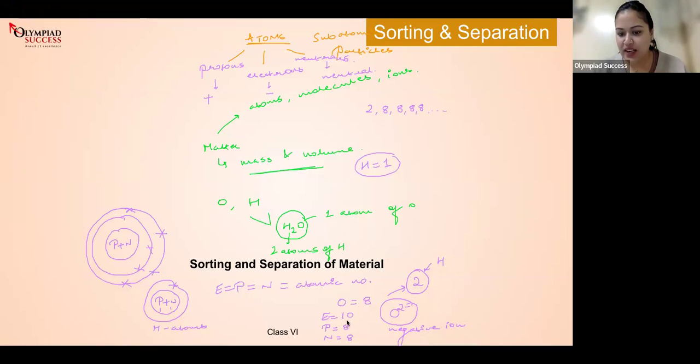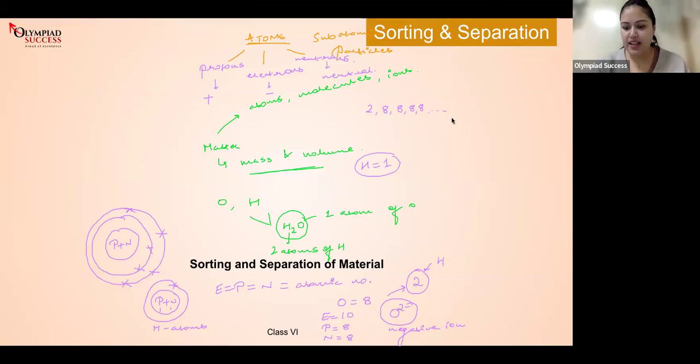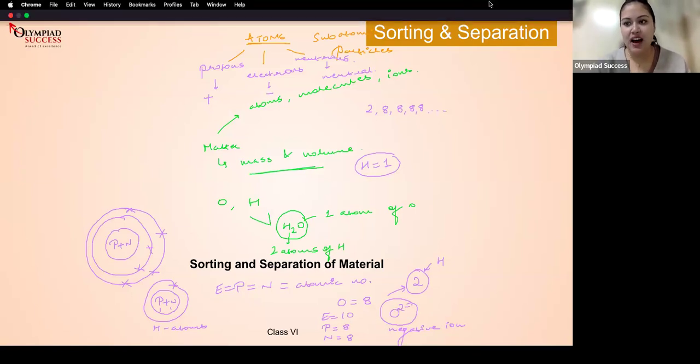It has 2 extra electrons. Compared to proton and neutron, neutron has no charge, so it doesn't matter. But proton has a positive charge, so apart from 8, it has 2 more. So it becomes 2 minus, or we write it as O2 minus. That means this is a negative ion.